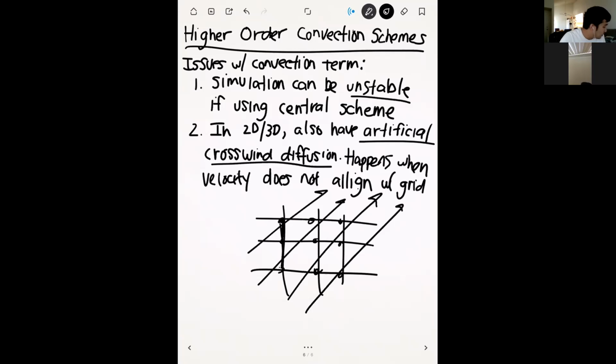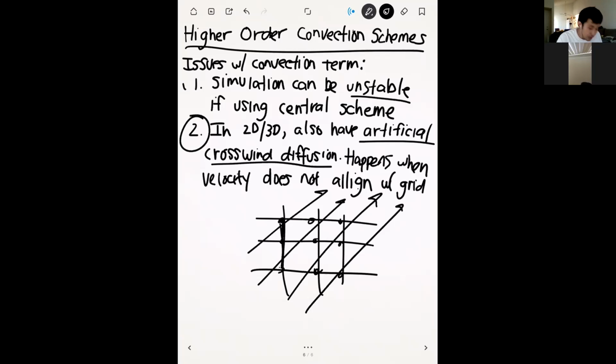And so this issue of crosswind diffusion is going to be the subject of this lecture. Since we already know how to deal with the first issue more or less, but haven't dealt with the second issue that well, the way we're going to deal with this is to change our scheme.